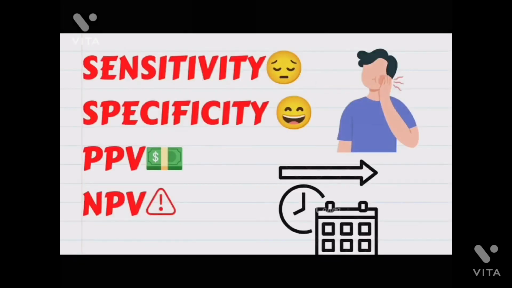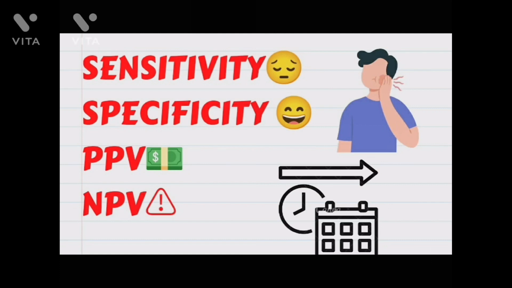Before solving, listen to my trick to solve such questions without using your brains. I have given different emojis for these 4 terms which are asked in the question. Whenever I see the word sensitivity, something negative comes to my mind. For example, his teeth are sensitive to cold drinks. I see specificity as opposite of sensitivity.